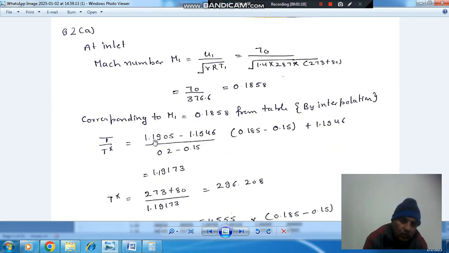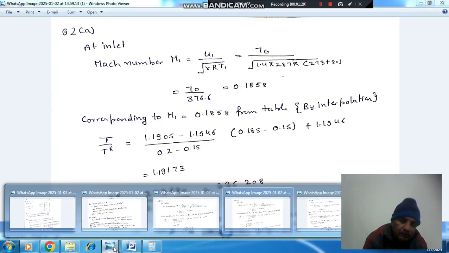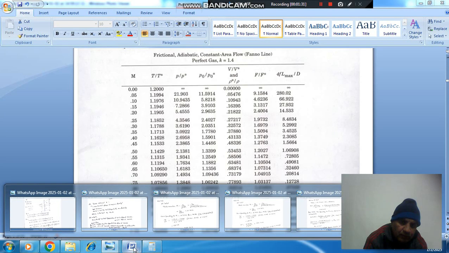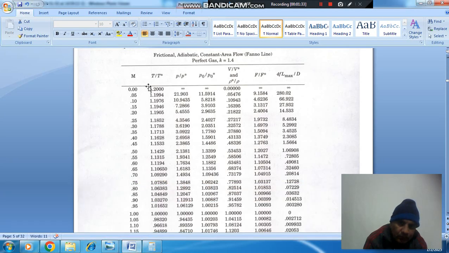Okay, so now we will see from the table given. Here is the table. Here we have 0.15 and then 0.2. So we'll use interpolation to find various properties. This table is for, first line is the Mach number, and then the second line is the ratio of temperature to T star.